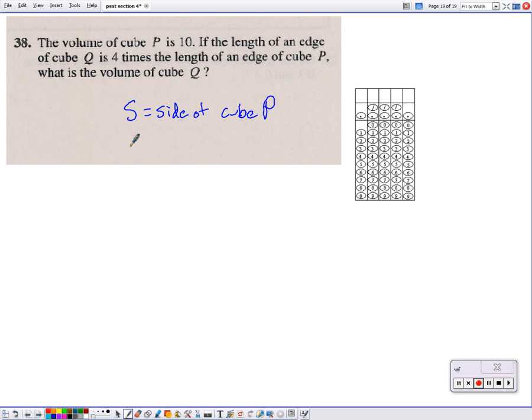And that means the volume of cube P is going to be S cubed because you multiply length times width times height. And we know the volume is 10. That means the side would be 10 to the 1/3 power, or the cube root of 10. I don't really need to know that, but that's okay.